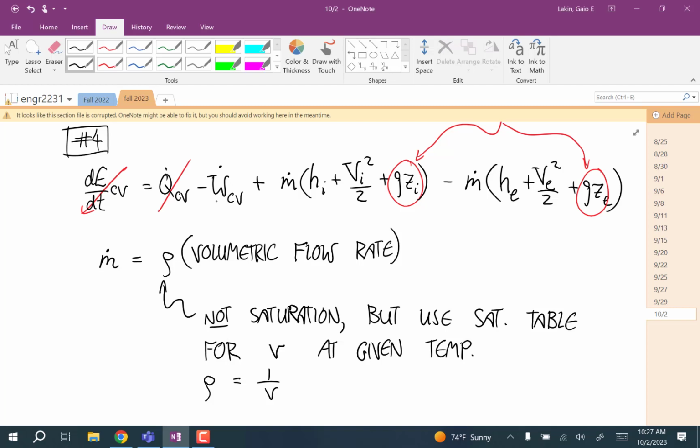That's how to think about that. Usually it's a reasonable assumption to neglect the speed change. There's no significant kinetic energy change or anything. But in this one, it gave us the speed, so we'll leave those in there.